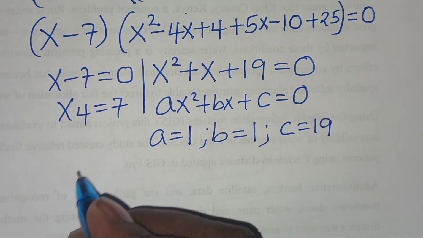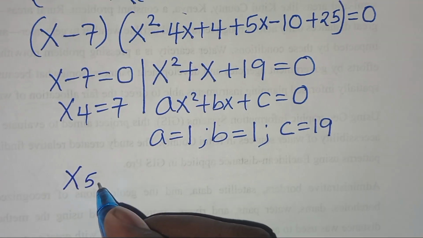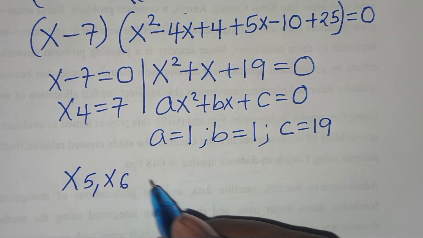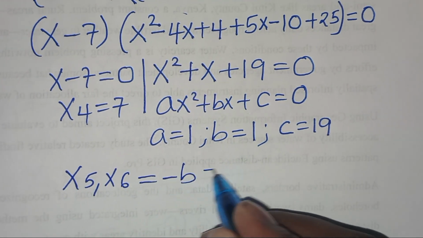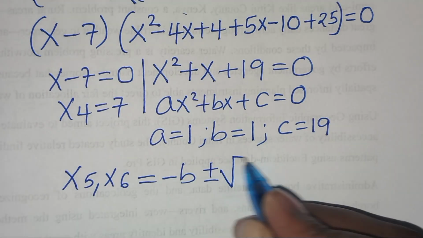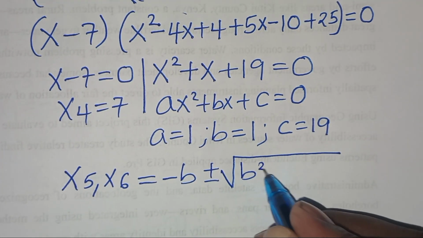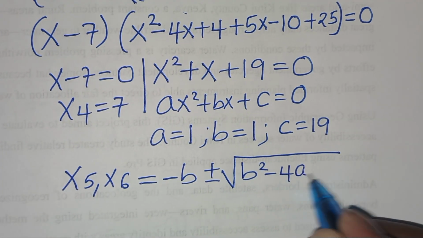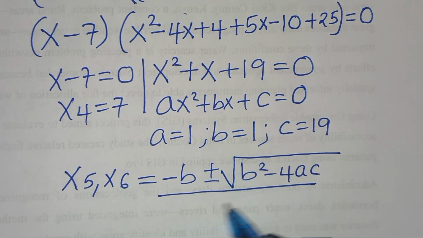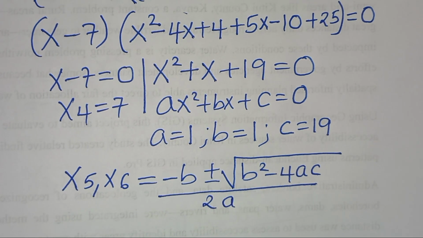So applying the quadratic formula, that is x5, x6, which is minus b plus or minus the square root of b squared minus 4ac, divided by 2 times a.